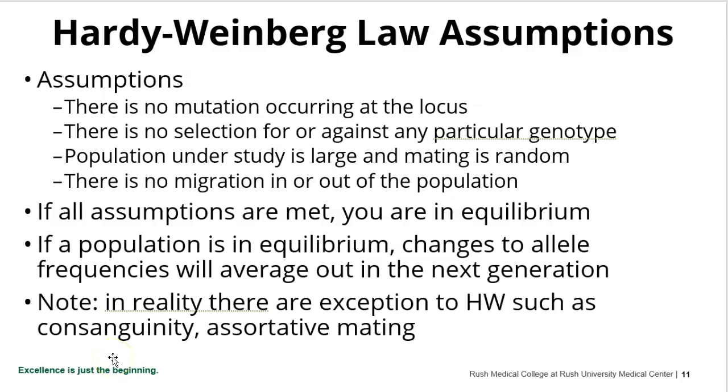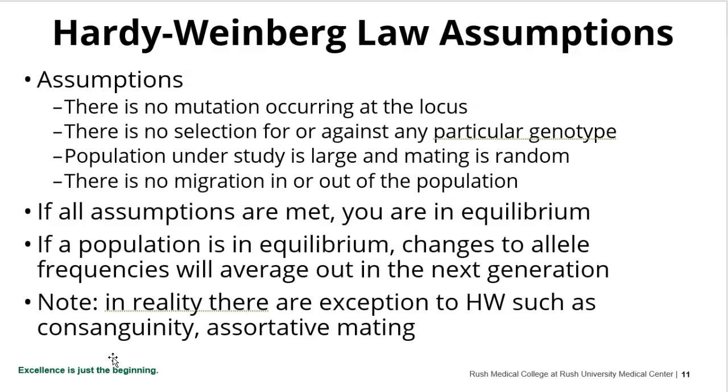Now, there are a lot of assumptions of the Hardy-Weinberg law that are impossible to meet, but nevertheless, the assumption is there's no mutation occurring at the locus. There's no selection for or against any particular genotype. And the population is large and randomly mating, and there's no migration in and out of the population.